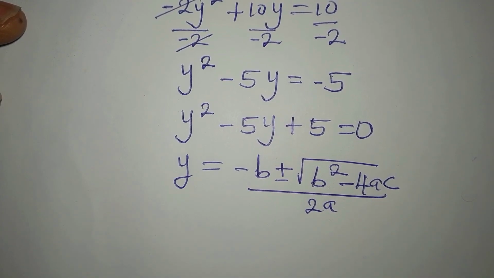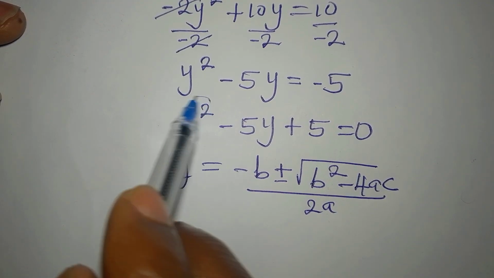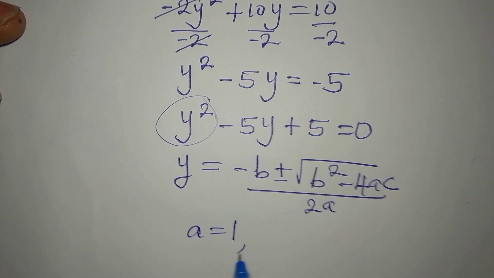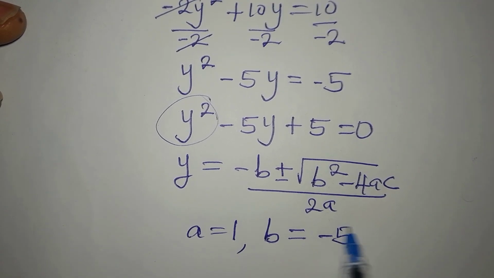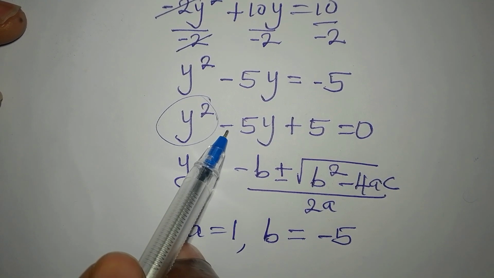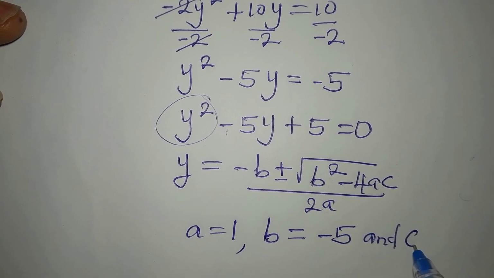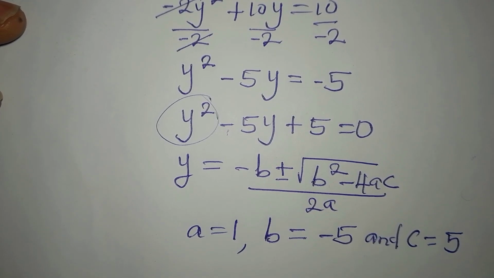So how do we get our a, b, c? a is the coefficient of y squared. So our a is 1. b is the coefficient of y, and that is minus 5. If you do not pick this sign, it will be wrong. Okay? And then our c is the constant, which is plus 5, positive 5.